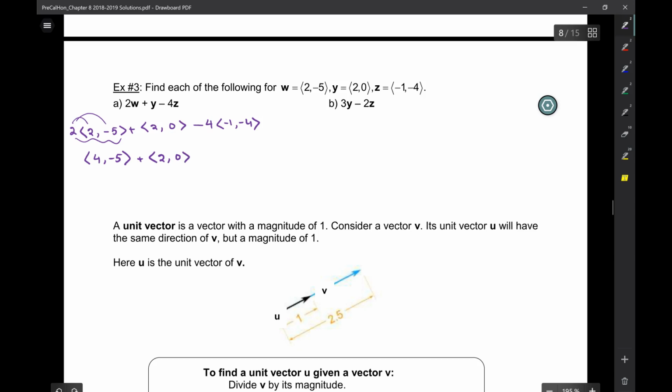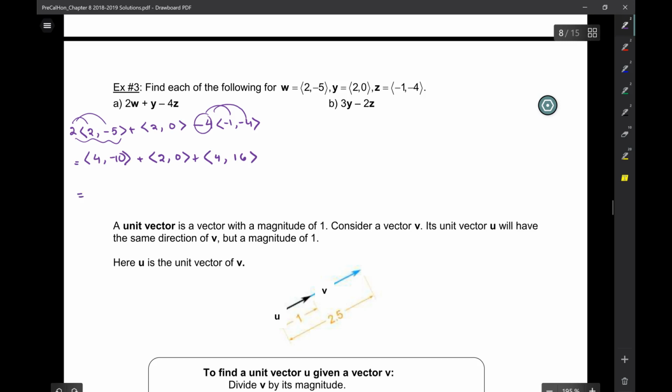Now, for this one, you're sophisticated math students now, so it's up to you whether you distribute the negative and put a plus here or you don't. In fact, let's do plus and distribute a negative 4. So I get 4, 16.